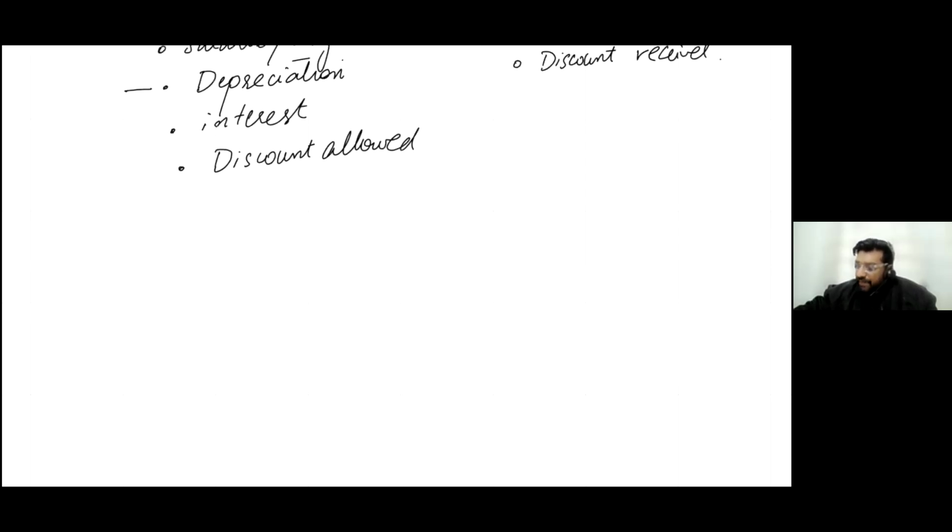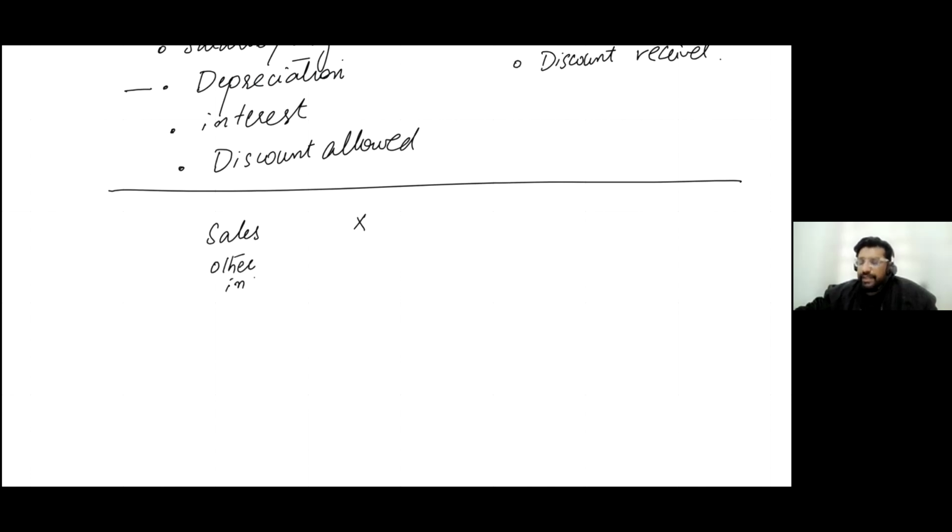So we have sales and we have other income, like all the other incomes that we are receiving from other sources. So we add them and all the expenses we subtract from it and we get to the profit.